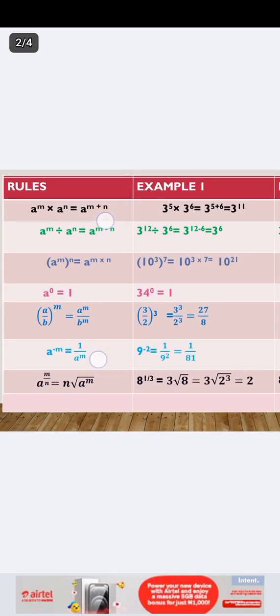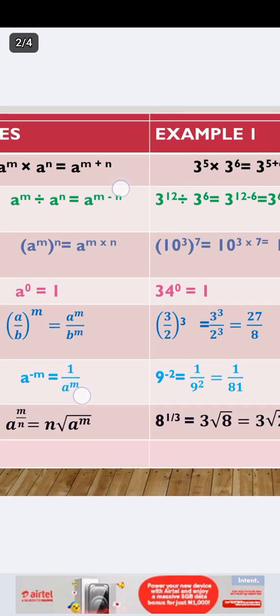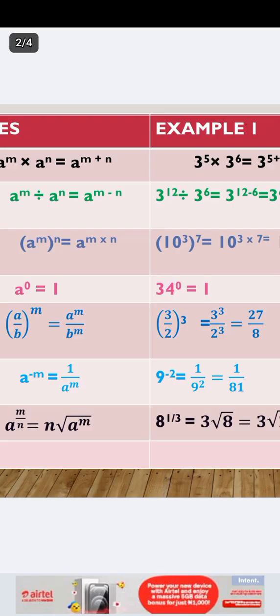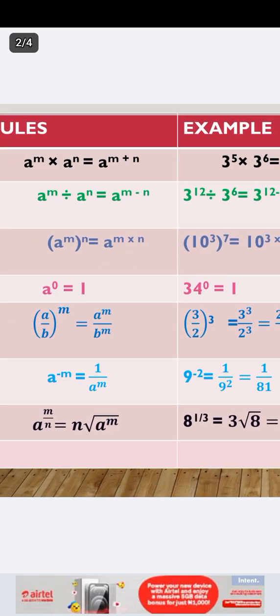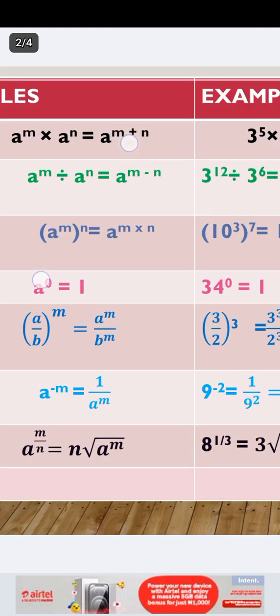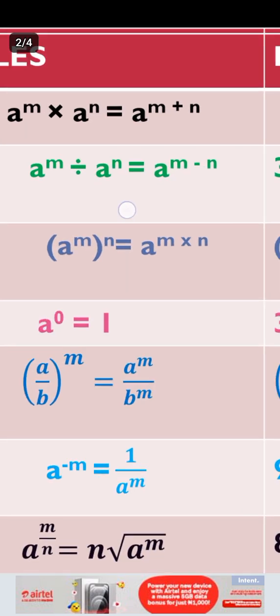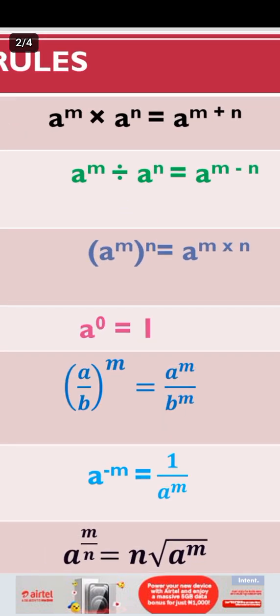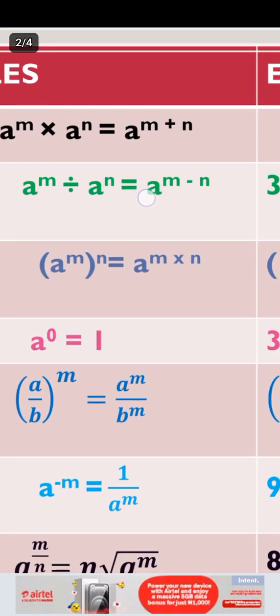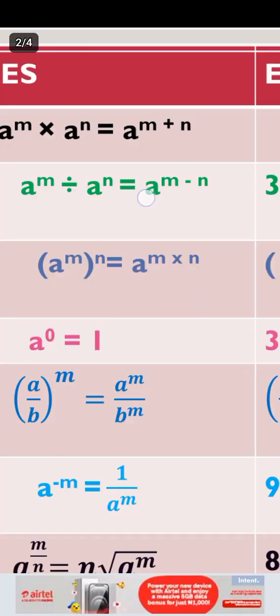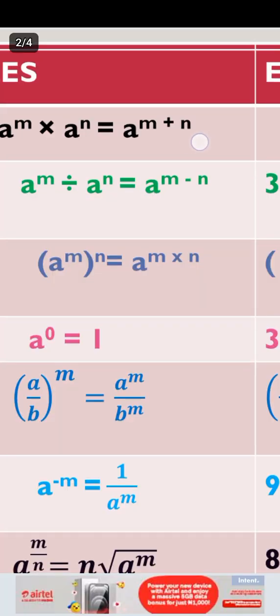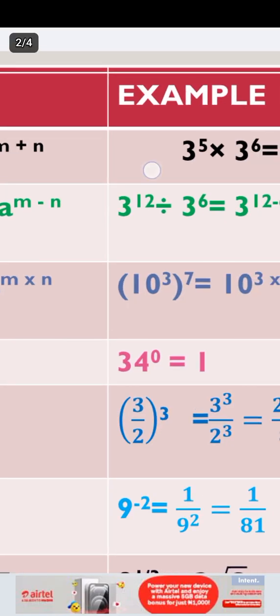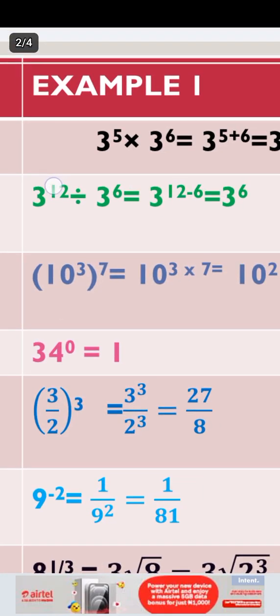Now, the first rule there is how to multiply indices having the same base. The first one there, written in black, says a raised to power m times a raised to power n is equal to a raised to power m plus n. And the first example in the next column gives an example of this.